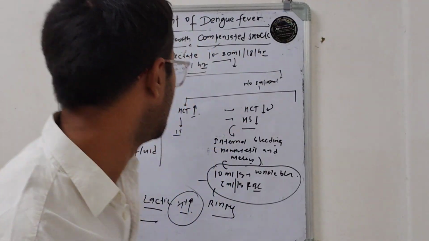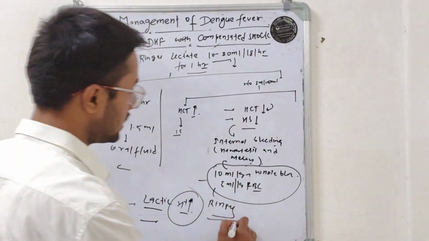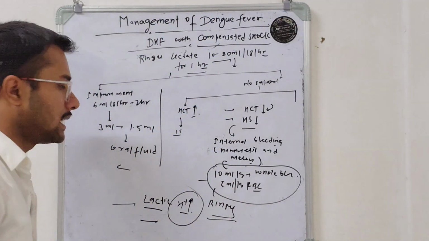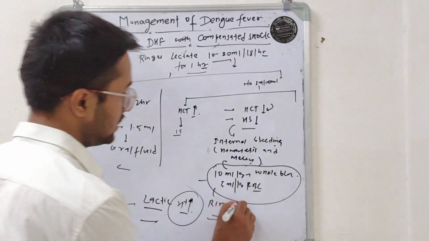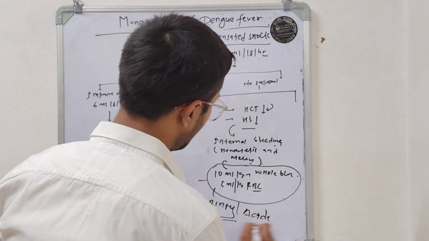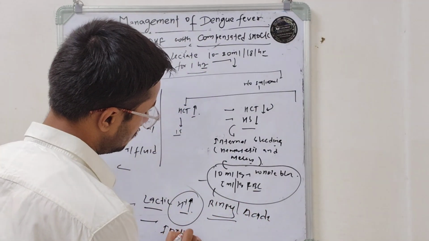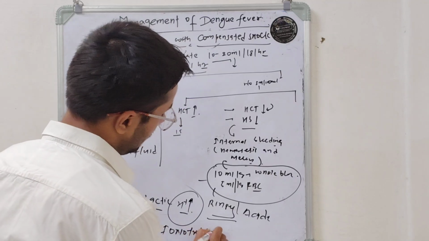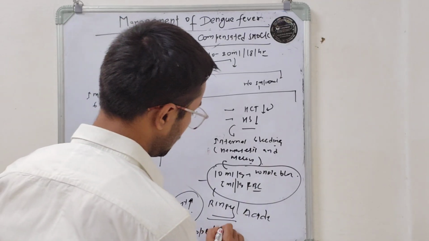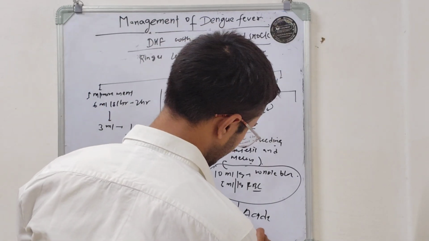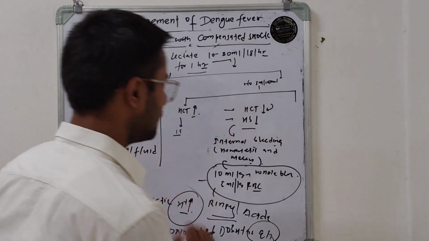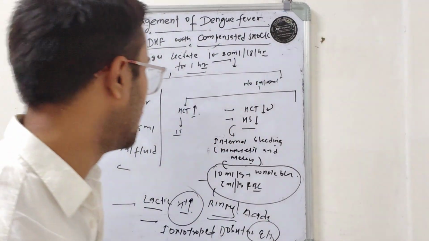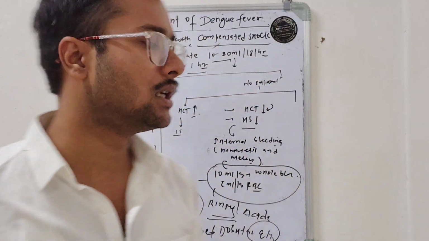If by taking blood reports we suspect a patient has an acidosis condition, then we go for inotropes. The names of the inotropes are dobutamine and epinephrine. Whichever we choose, according to your choice, both are equally effective.